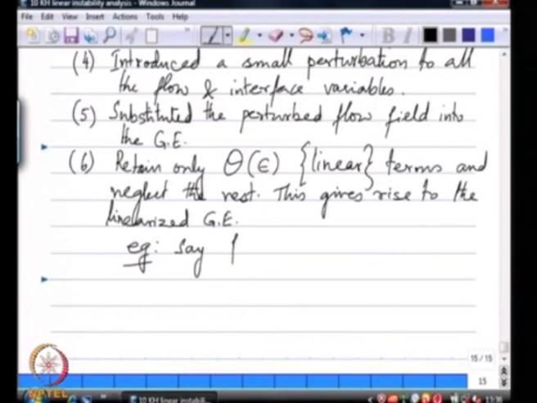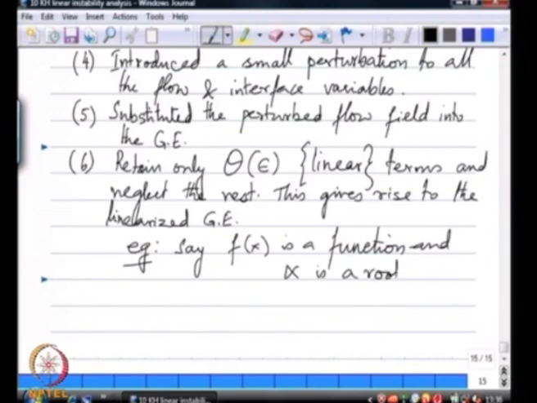Say I take a function f of x and alpha is a root. If alpha is a root of the function, that means clearly f of alpha equal to 0.